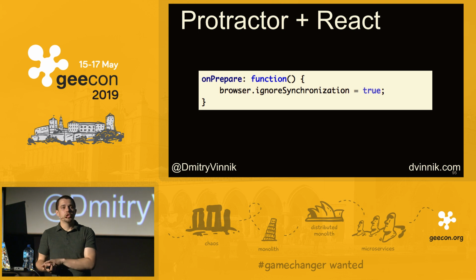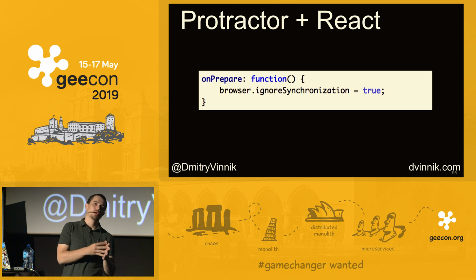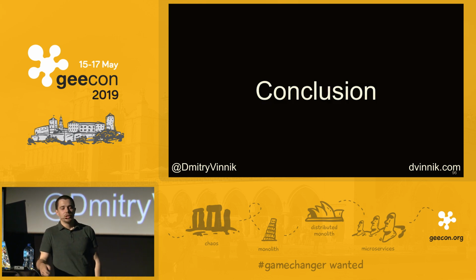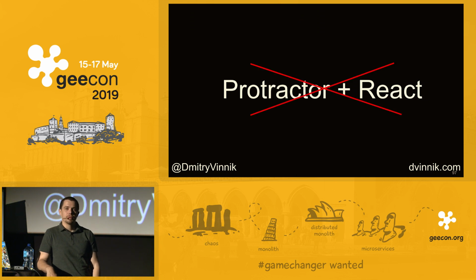By synchronization, what we mean here is that we are aware of Angular communicating, so basically the test would not start executing until the app is loaded. But if your app is not Angular, it will ultimately never get loaded, right? So with React, you can turn it off, and so your Protractor test will still run. But unfortunately, it doesn't really make much sense, because those connectors I've showed you before, by model, by controller, iterator, aren't going to be applicable here as much with React.